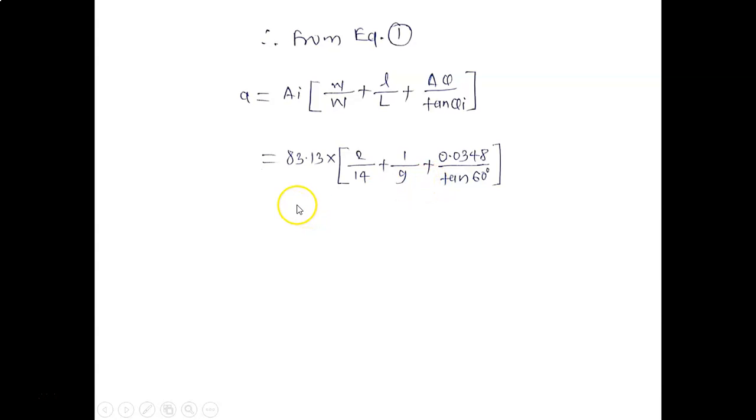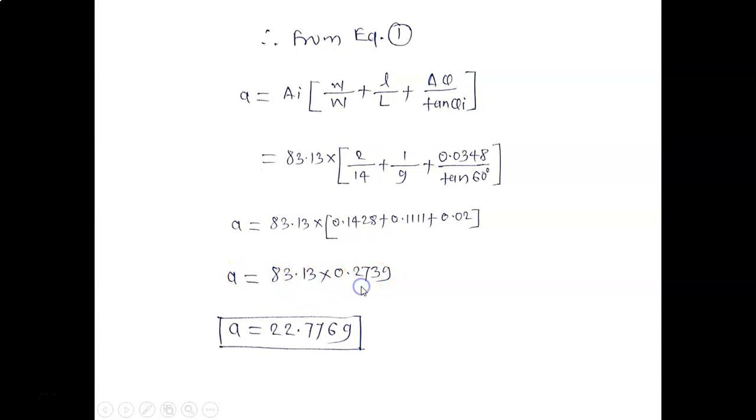By calculation, small a is equal to 83.13 into 0.1428 plus 0.1111 plus 0.02. Therefore, small a is 83.13 into 0.2739, so small a is equal to 22.7769.